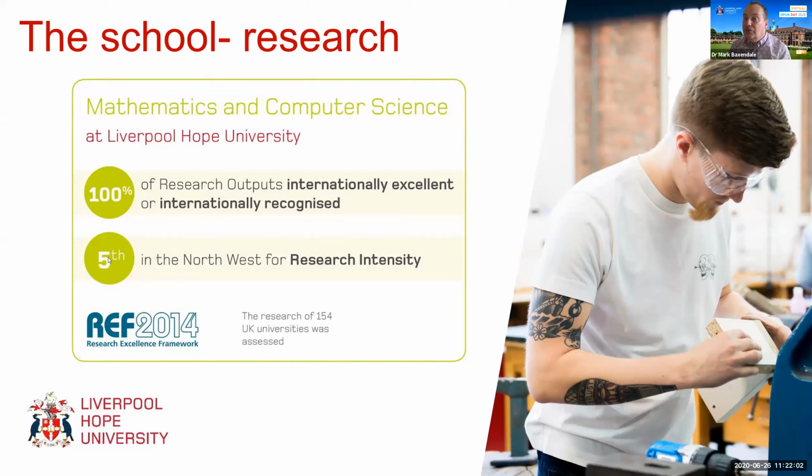Now this is a really good indicator, because I spoke about this, about being good at research and being good at teaching at the same time. We're up in the Northwest, we're up against good research intensive universities, such as Lancaster, University of Liverpool, University of Manchester.